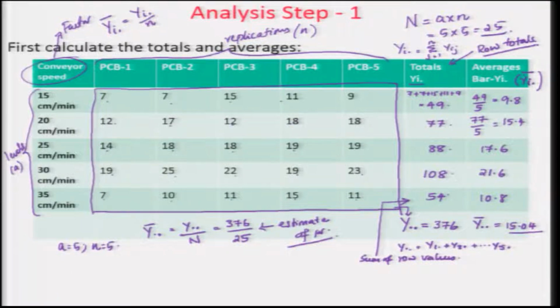You do the 5 row totals, then you do the row averages, where you take the row total divided by the number of replications. Then you get the grand total, given by summing up all the values, y dot dot, which is 376. Then you calculate y dot dot bar using the equation that I told you.